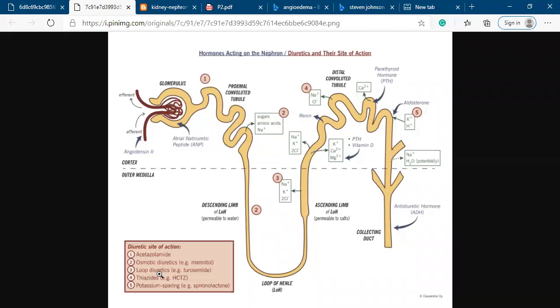Number three, loop diuretics work in the ascending loop of Henle, or in the loop of Henle. Here, loop diuretics, furosemide, work here. Then number four, thiazide, example hydrochlorothiazide, works in the distal convoluted tubule, right? And potassium sparing diuretics work in the collecting tubule, right?